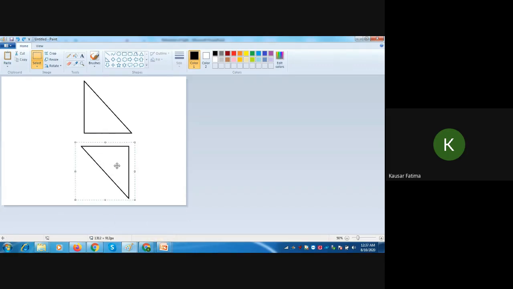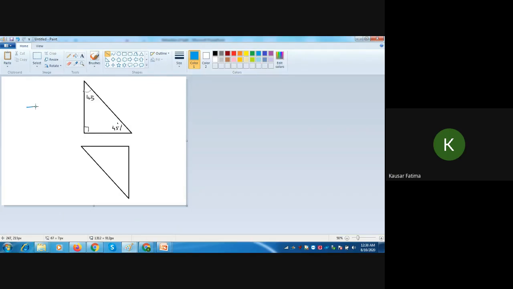So I have placed these two prisms in such a way that their hypotenuse sides are parallel to each other. When a ray of light strikes this side, suppose this angle is 45, this is also 45, and this is 90.